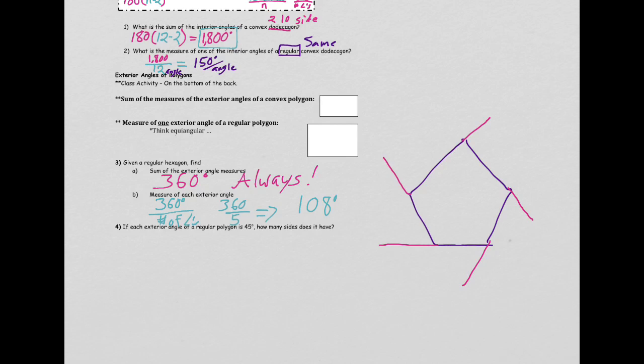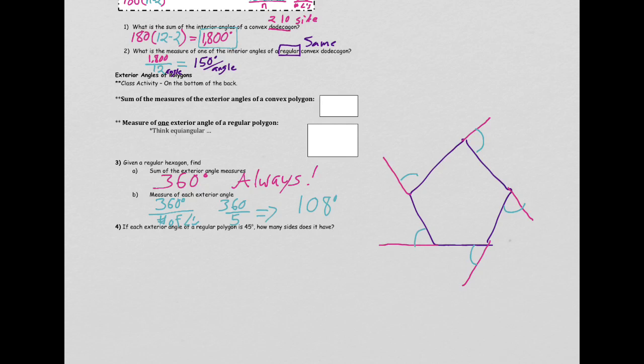When we're talking about the exterior angles, that's these guys right here. And they add up to 360. So if it's a regular pentagon, then each of those guys is 72.